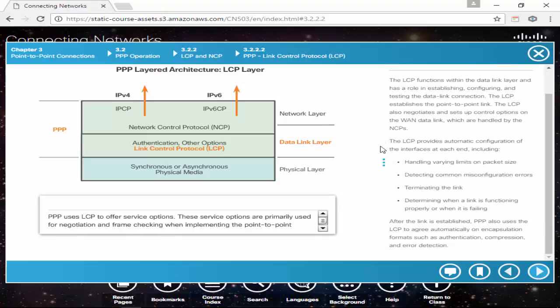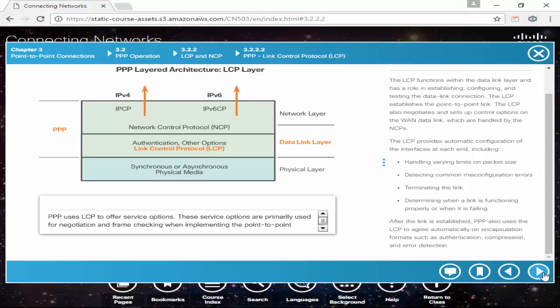LCP provides automatic configuration of interfaces at each end, including handling varying limits on packet size, detecting common misconfiguration errors, terminating the link, and determining when a link is functioning properly or when it is failing. After the link is established, PPP also uses the LCP to agree automatically on encapsulation formats such as authentication, compression, and error detection.